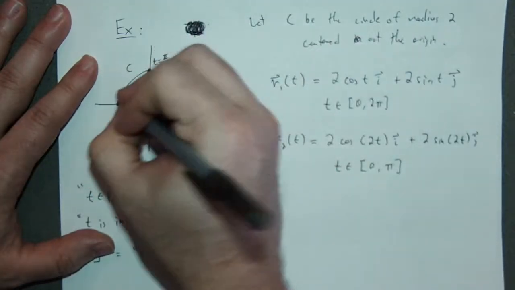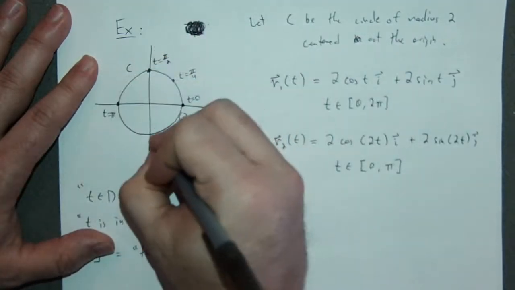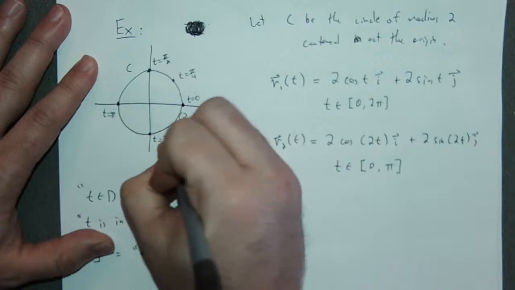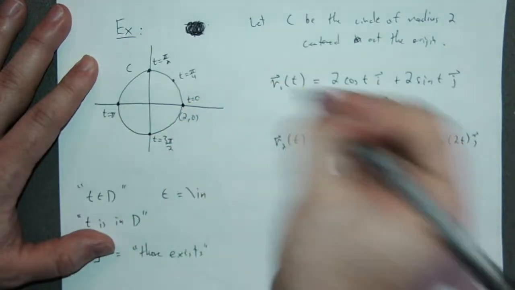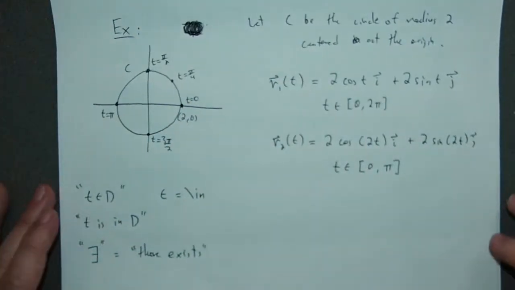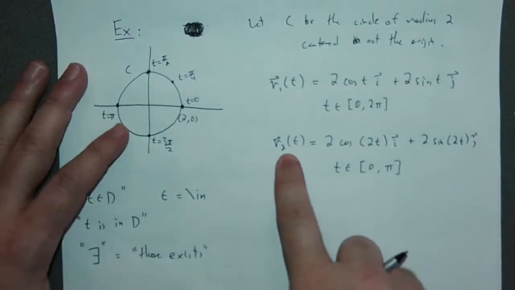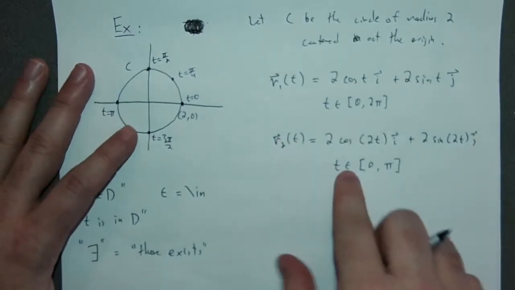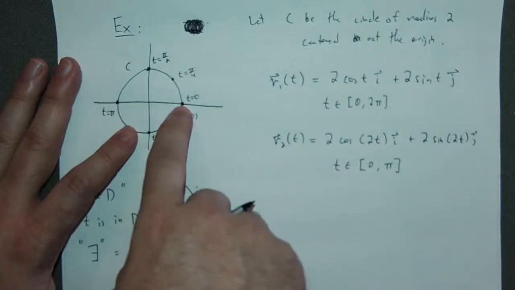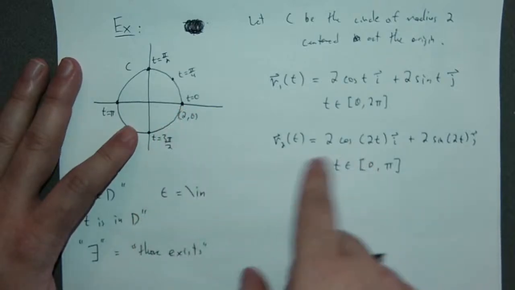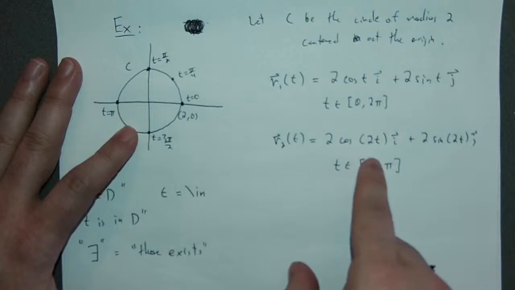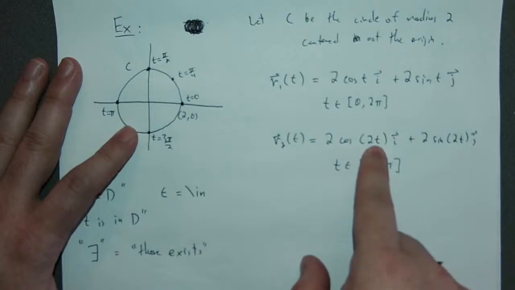And when t is equal to pi, I'm here. So just like before, here's t equal to 3 pi over 2, and back here, this is t equal to 2 pi. Okay. All right, now let's do the same thing for this curve. So for this curve, when t is equal to 0, I'm still at the same starting point. But when t is equal to pi over 4, where am I?